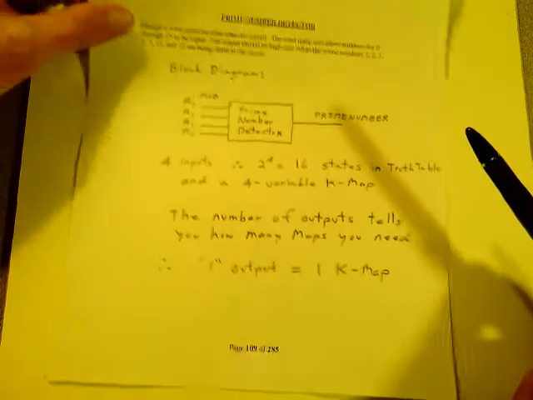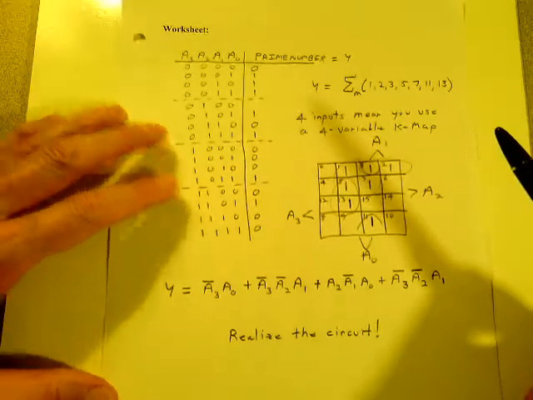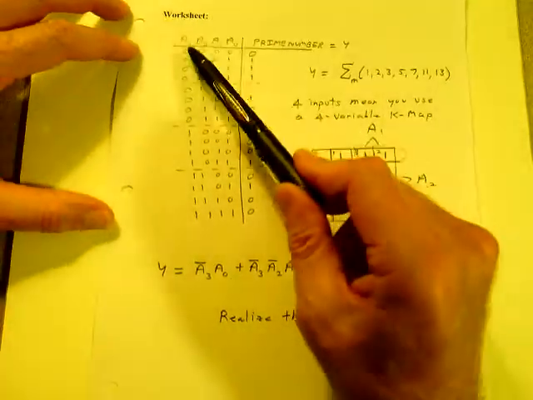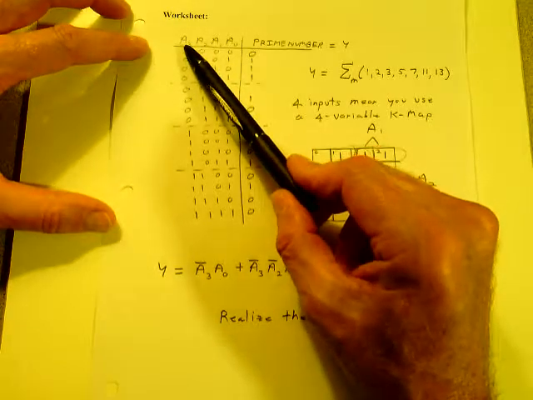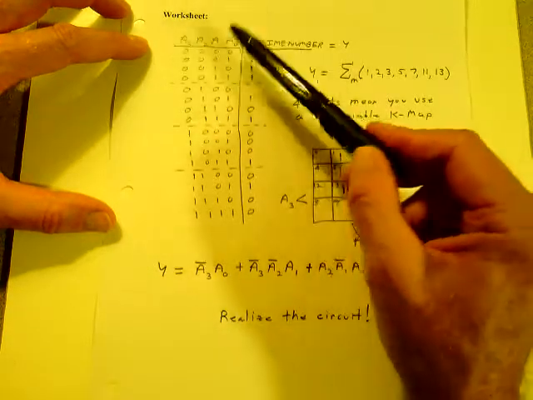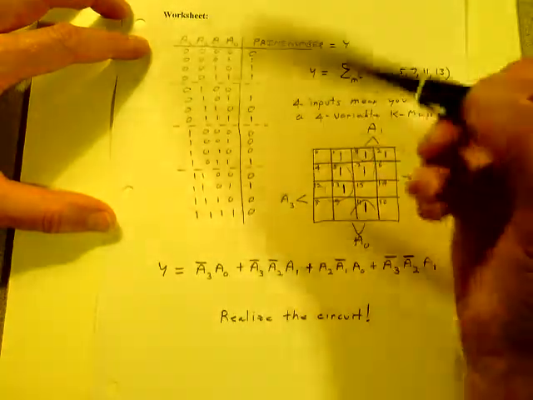So if you work the problem correctly, you'll see page 110, it's blank, a worksheet for you. But basically what I did was, here are your inputs, A3 being the most significant bit through A0, and you write these down and you count as you go.